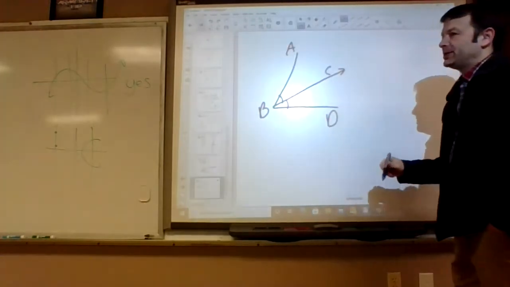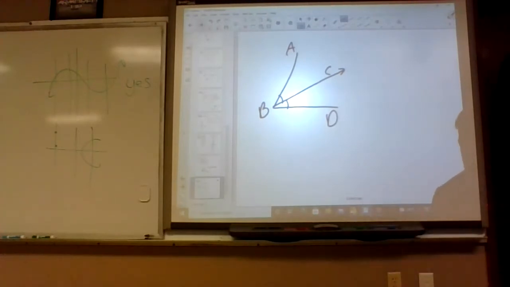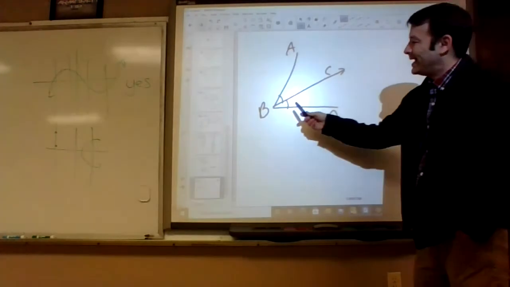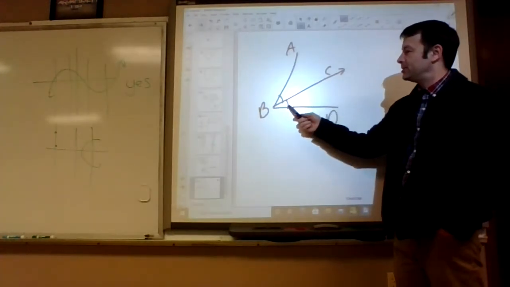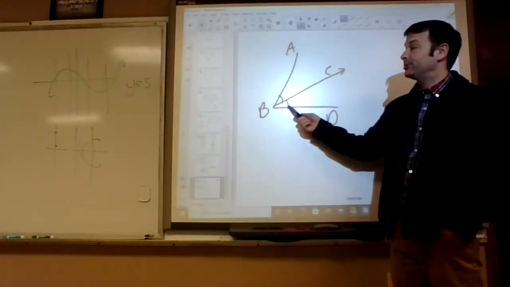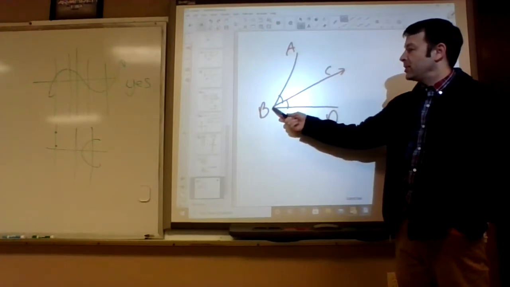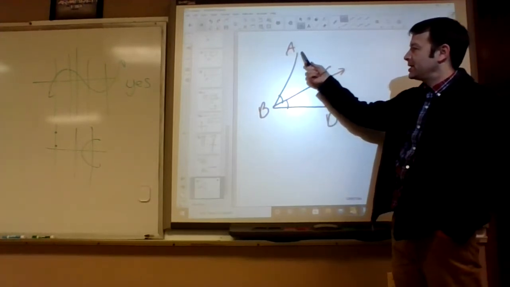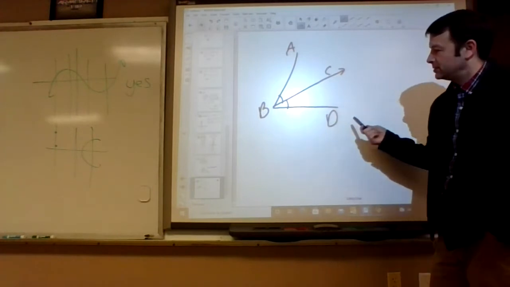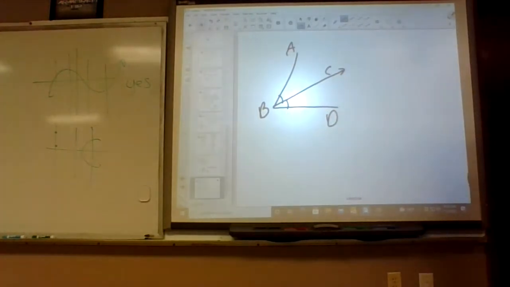It's an angle bisector. Yesterday we talked about a segment bisector, perpendicular bisector. This is an angle bisector. It splits the angle into two equal little angles. Ray BC bisects angle ABD. Okay, that's what it is.